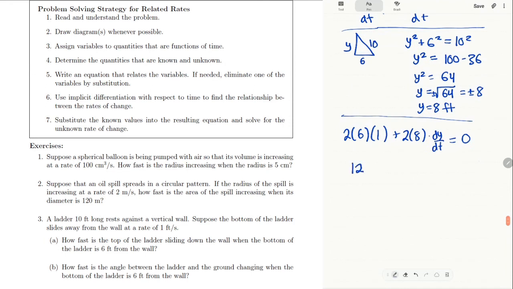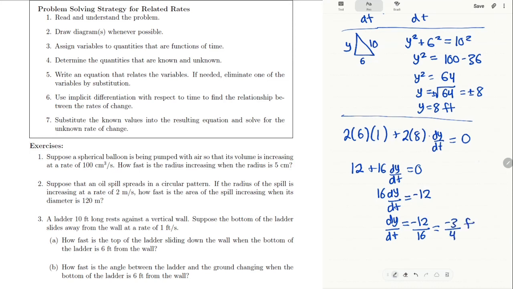So that gives us 12 plus 16 dy over dt is equal to 0. So 16 dy over dt is negative 12. So that tells us that dy over dt is negative 12 over 16, or it's negative 3 over 4.